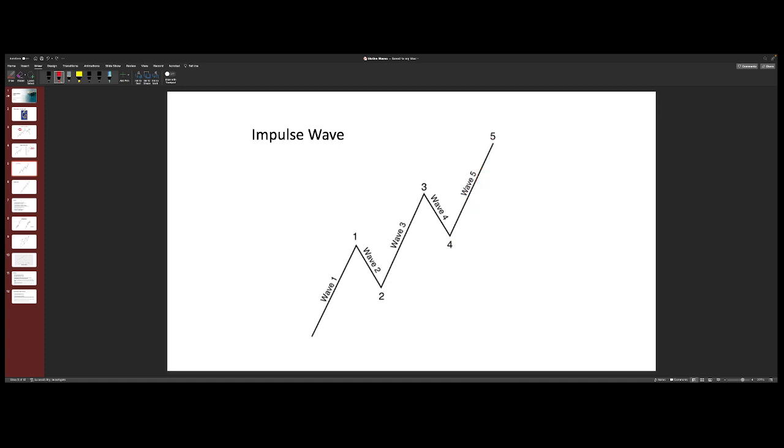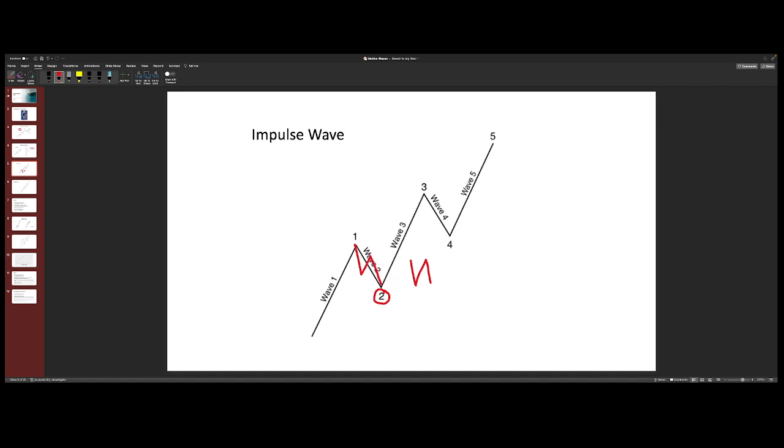Another rule is that wave 2, this wave right here, always subdivides into a zigzag, a flat, or a combination of these two styles of corrective waves.